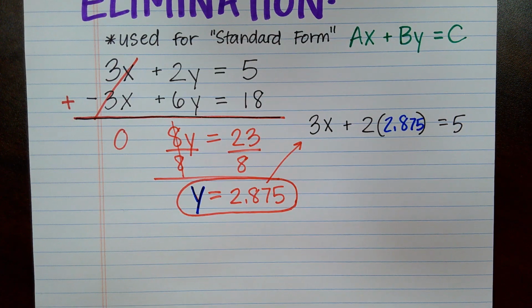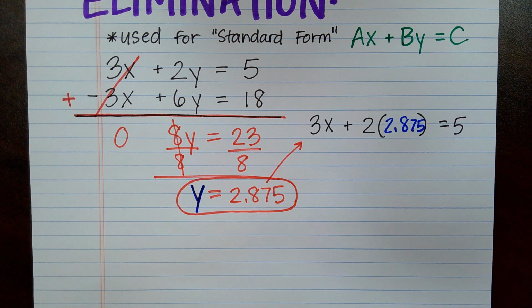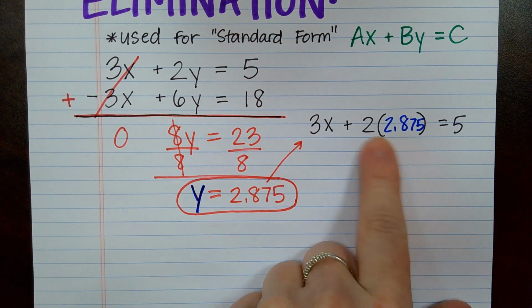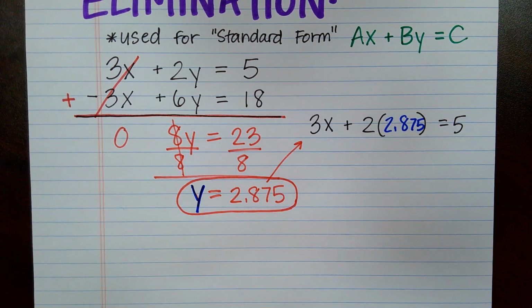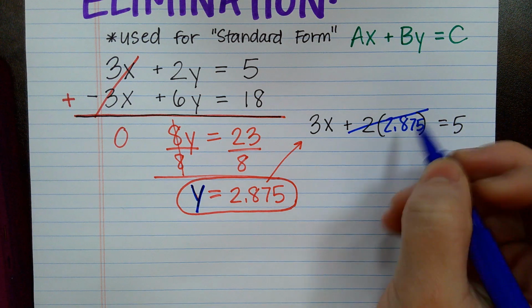What should we do first? Multiply. Let's multiply 2 times 2.875, and that gives us 5.75.